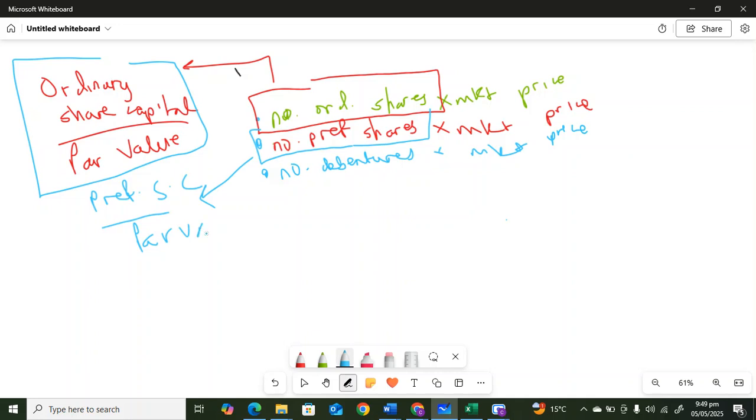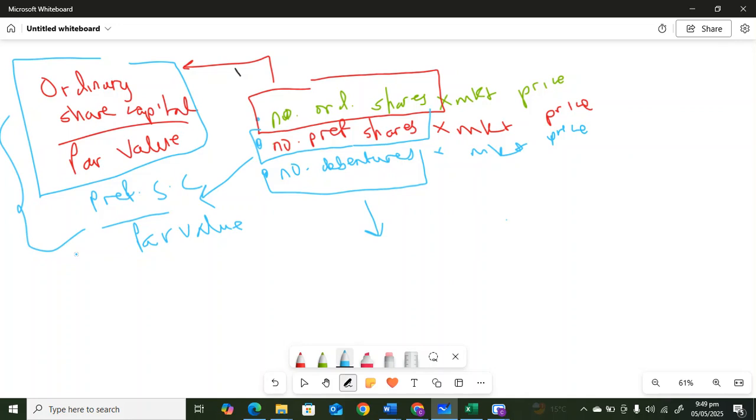So for debentures, how will it be? Yes, you can just say the debenture value. Remember, preference shares and ordinary shares are part of the equity, which is also called capital.